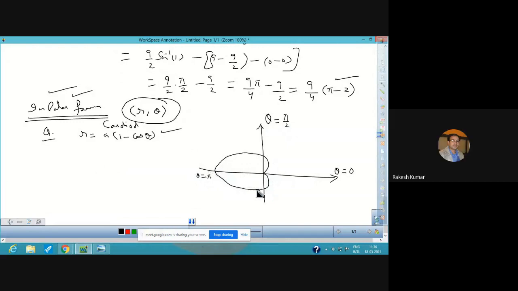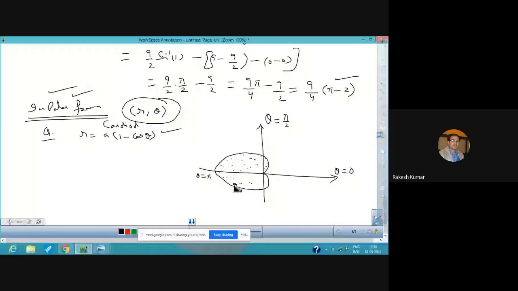So we have to find out the area enclosed by this cardioid. Now just see, this area we need to find out. Always remember the cardioid is symmetrical about the horizontal axis. So this is the horizontal axis.